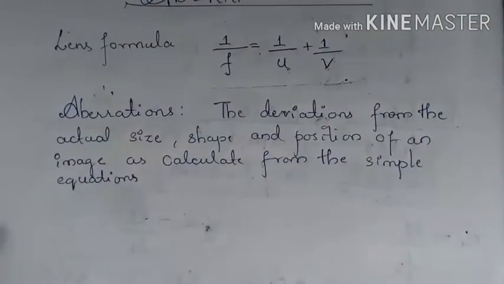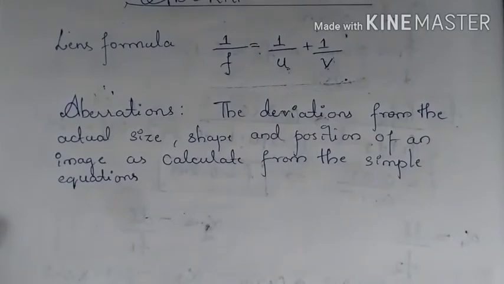These are known as aberrations of the lens.